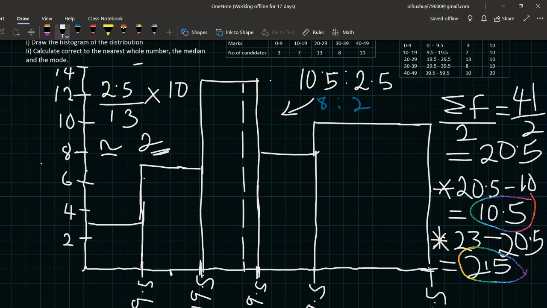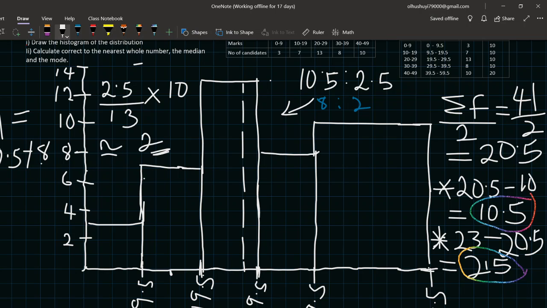Do you see that? So it means my median will now be 19.5 plus 8. What is 19.5 plus 8?